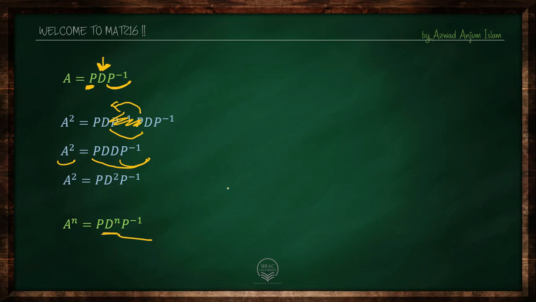D to the power n is very easy to calculate, while A to the power n is not very easy to calculate. So we are doing the easy stuff, and when we are done with it, we just change back to the standard basis. That is what diagonalization is all about.